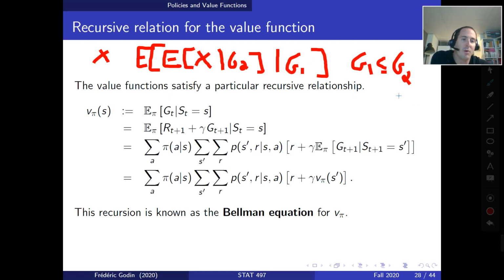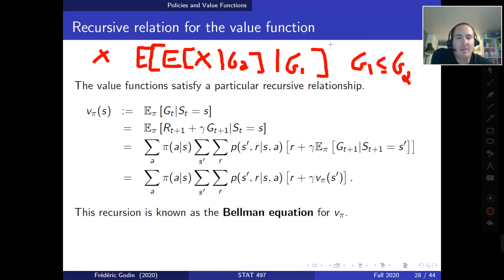If you do more advanced courses, you can see their formal definition, and they are called sigma algebras and stuff like that. But let's not go into these advanced details. Here, x is a random variable, and G1 is a set of conditions which contains less information than G2.